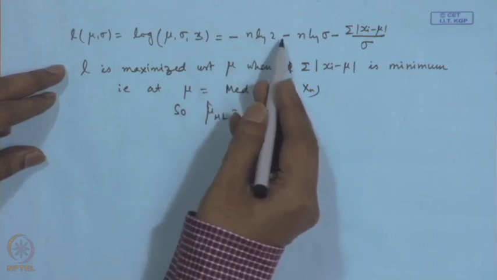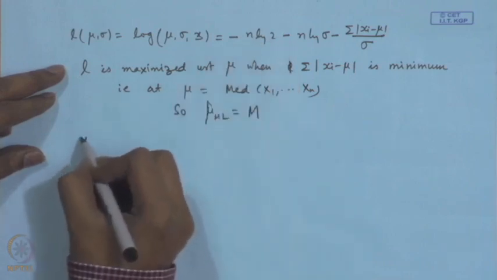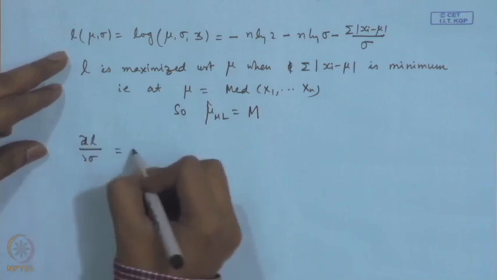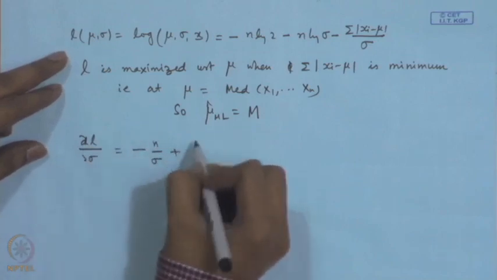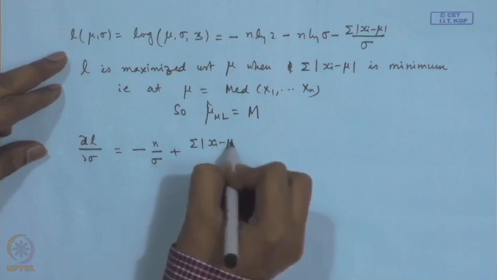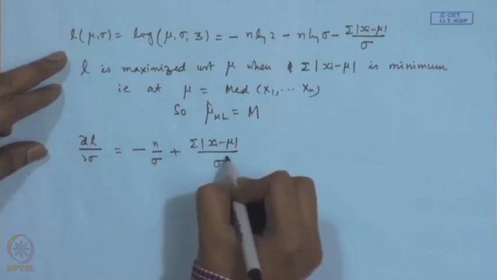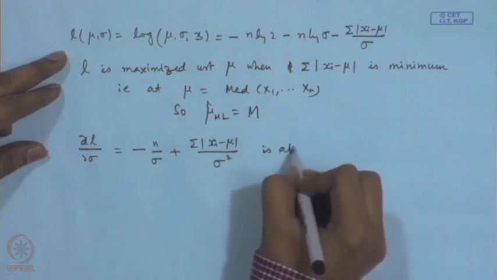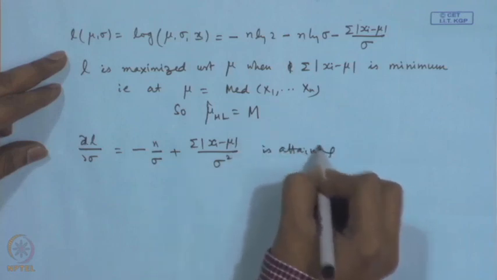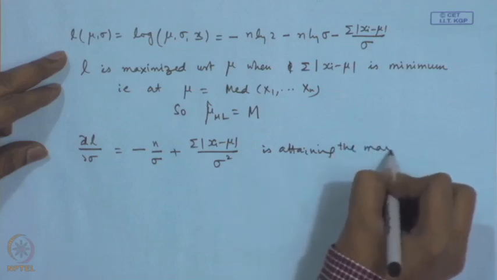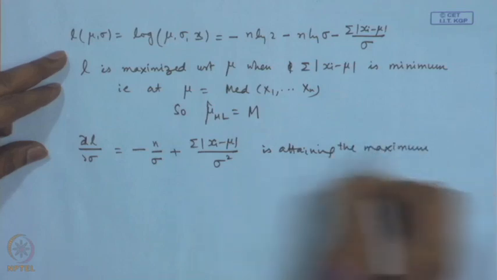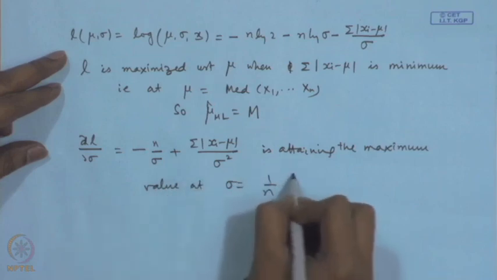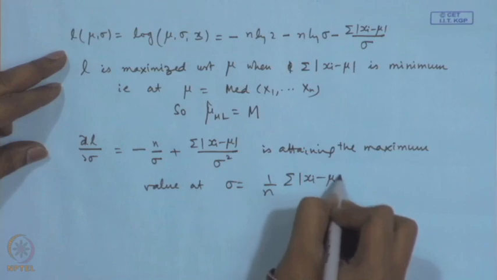Now, you look at the solution for sigma. If we consider the derivative of L with respect to sigma, we get minus n by sigma plus sigma modulus x I minus mu by sigma square. And as before, if we argue, this is attaining the maximum value at sigma is equal to 1 by n sigma modulus x I minus mu.